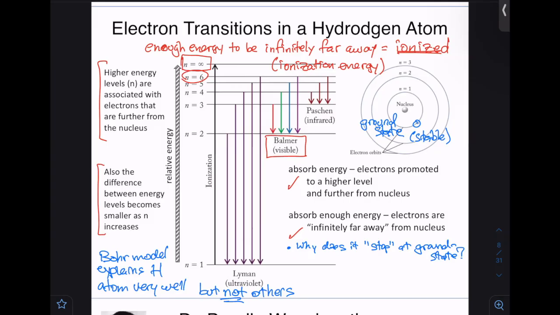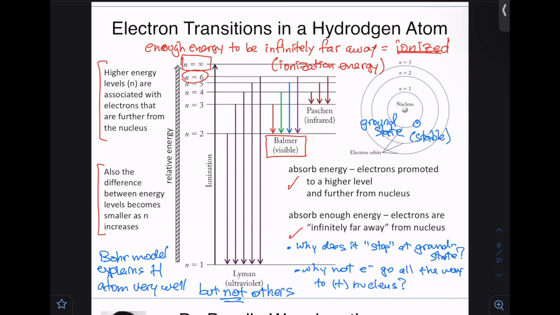So why doesn't the negative charge go all the way down to the nucleus where it's really attracted to? In fact, if it did that, the two charges would annihilate each other. So why not have the electron go all the way to the positively charged nucleus? Why does it stop?